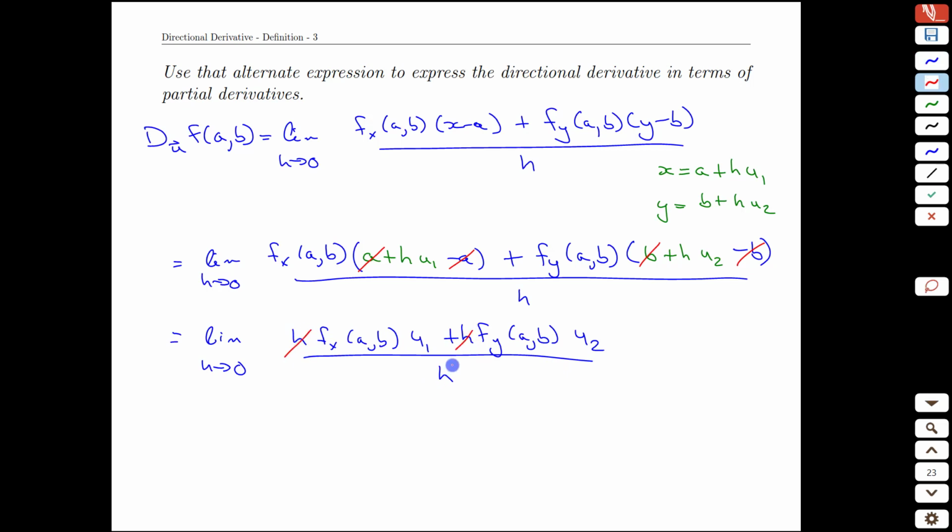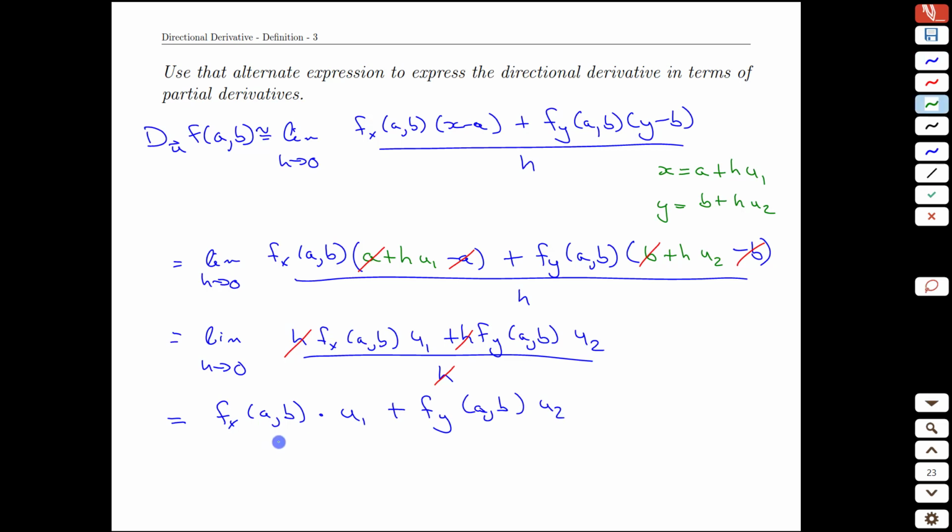Both numerator terms have an h, and there's an h in the denominator. Now, if those just go away, turns out we don't really need this limit. The reason we need that limit is because this is an approximation, and this approximation gets better and better as h approaches 0. But at the end of the day, what we get is the x partial derivative times u1 plus the y partial derivative times u2.